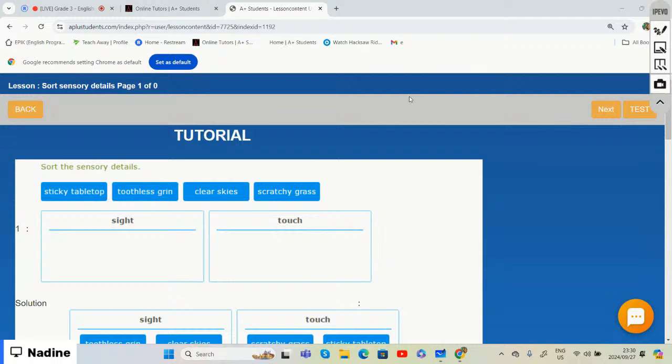This is the same as the activity that we did, where we need to sort out these four sensory details under stuff that you can see or things that you can touch.